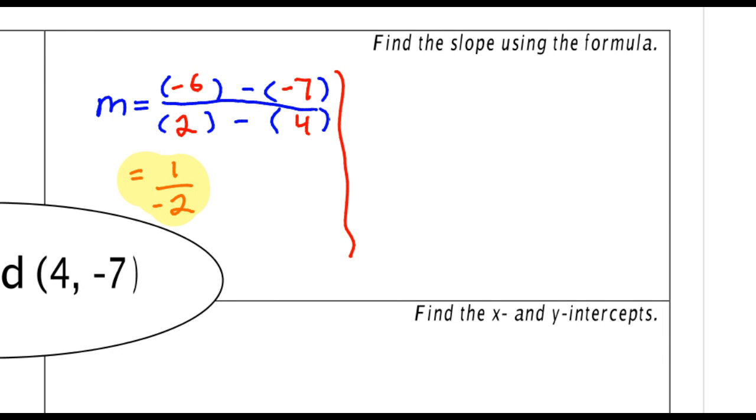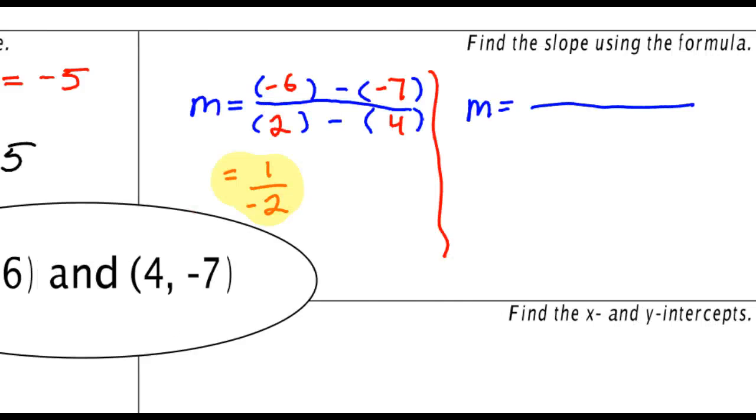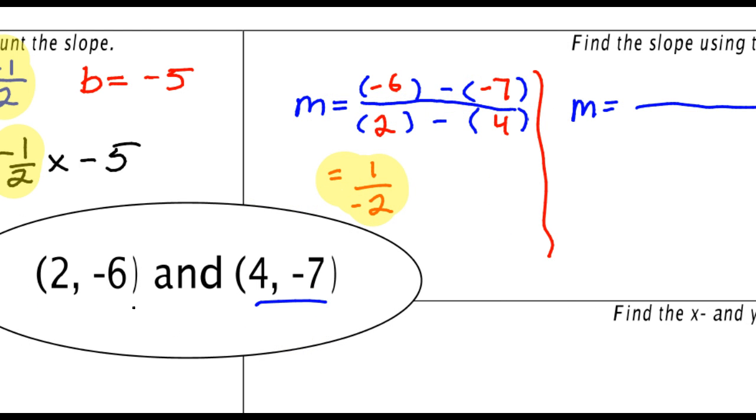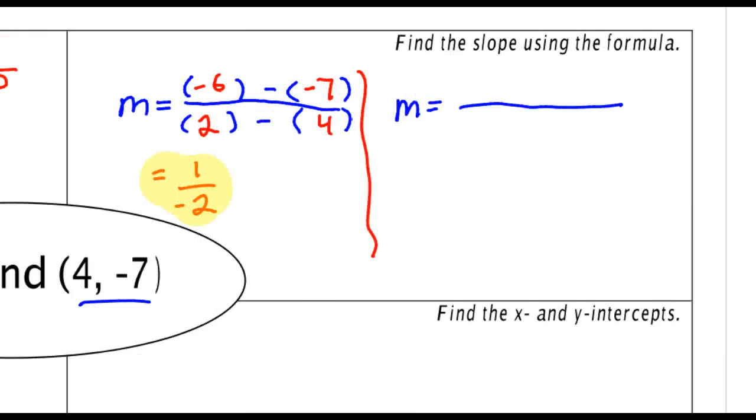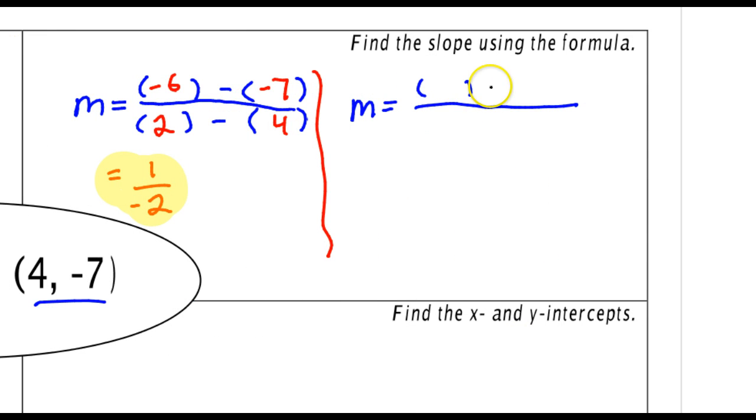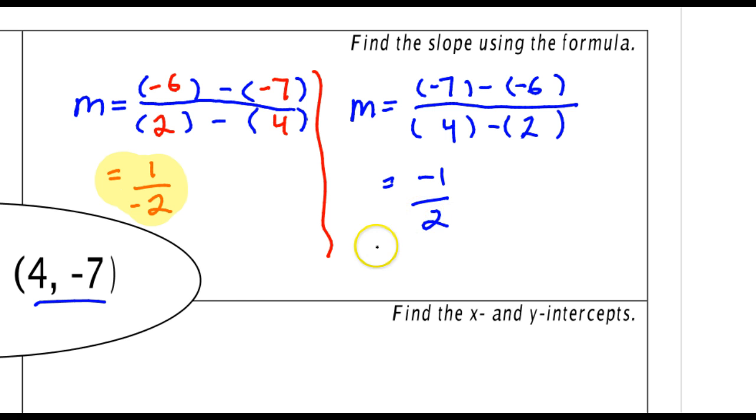Also a reminder: what if I found the slope in the other direction? What if I found the slope from here to here? What would I get then? There was a homework where we did it both ways, I think it was the first one, just to show that if you find the slope going the other direction, you should get the exact same thing.